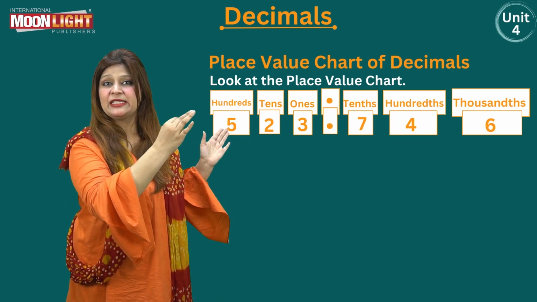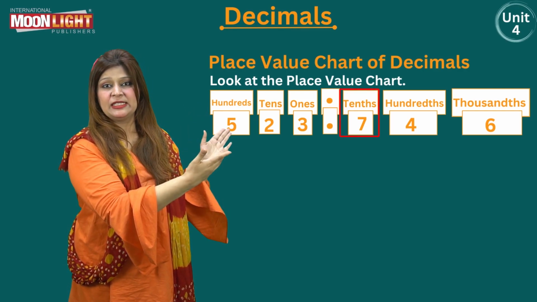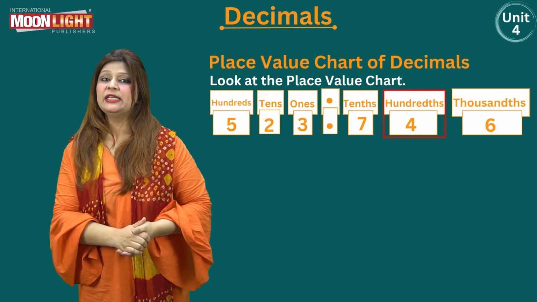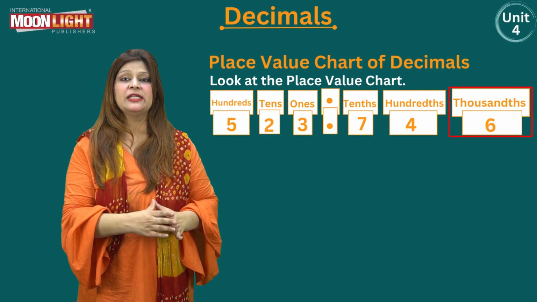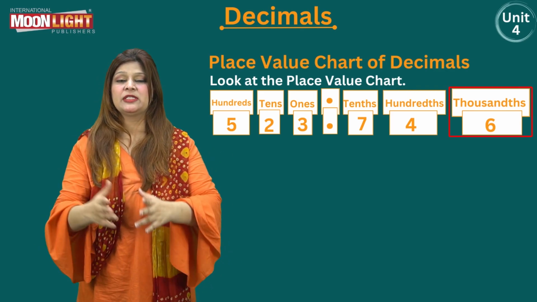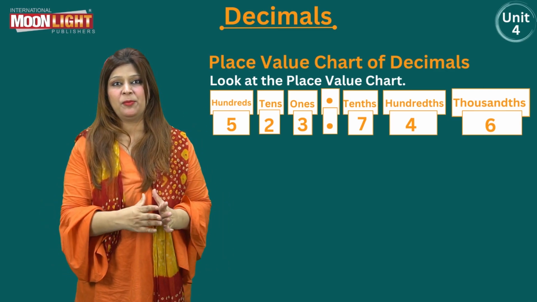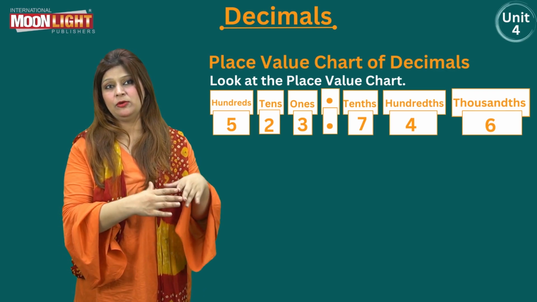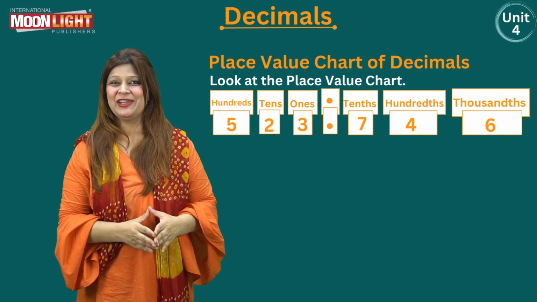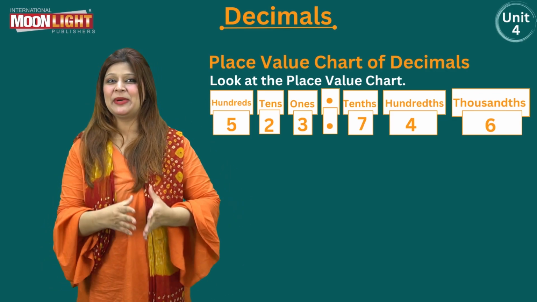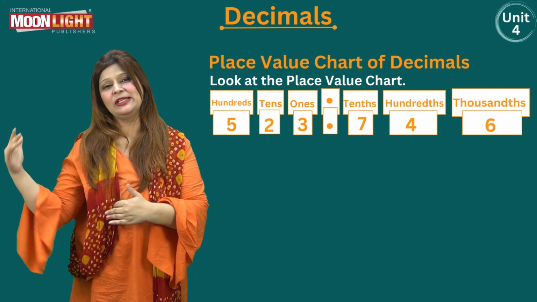I'm going to add "ths" at the end. The number 7 is tenths, the number 4 is hundredths, and the number 6 is thousandths. After the decimal point you have tenths in the same way, but there is no ones place over here. Ones is only ones. Do remember that. But "ths" is added with all the other places after the decimal point.